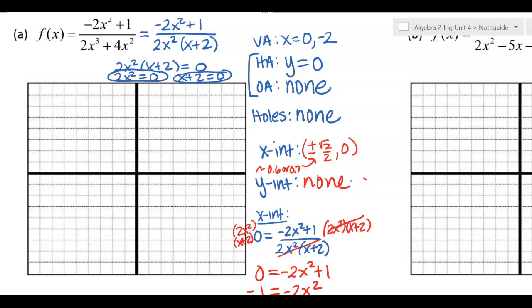And then what we're going to do is put all this stuff onto the graph. It's just going to look like random little points and these dashed lines that are supposed to be boundaries for something or other. So vertical asymptotes at 0 and -2 means I have these vertical dashed lines at 0 and at -2. And remember what these are.